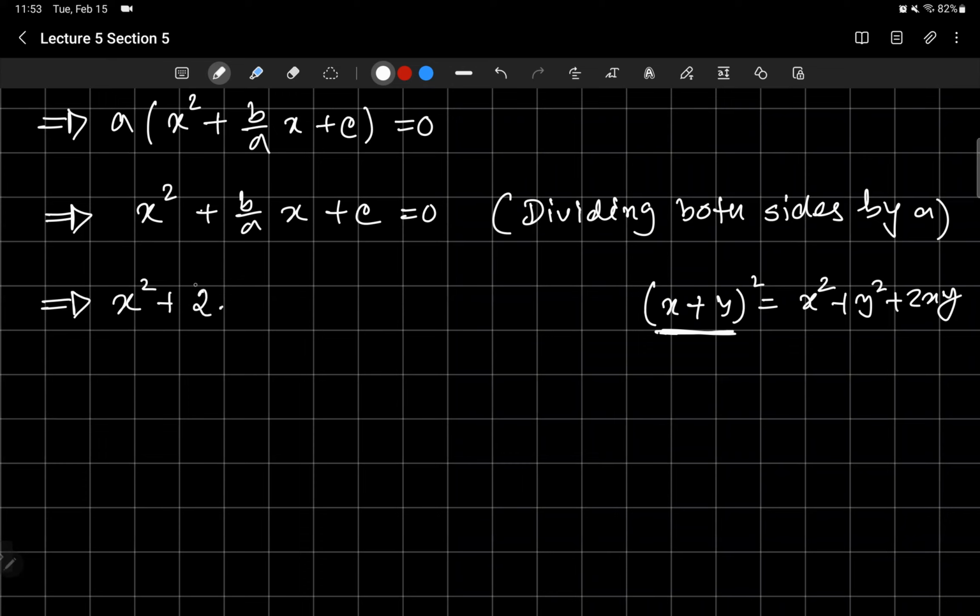Since I'm putting this 2 by hand or by force, I want to compensate that thing with a 1/2, because there's a 1 over here, right? And 2 times half is just 1. Then I want to write b by a. And this is what this now looks like, some x square times 2 times x times y, right? Does it look like that?